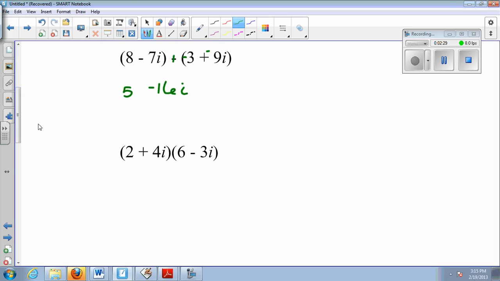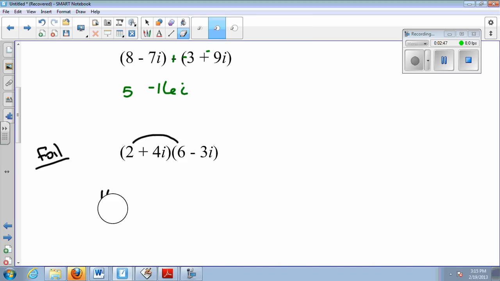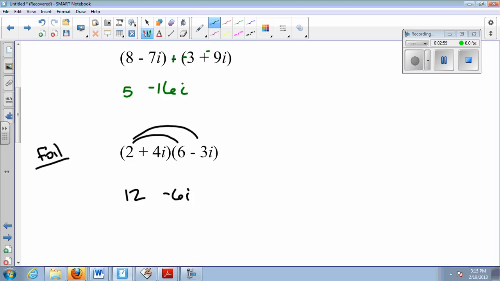2 plus 4i times 6 minus 3i. We're going to have to FOIL. 2 times 6 is 12. 2 times -3i is -6i. 4i times 6 is 24i. 4i times -3i goes to -12i squared.